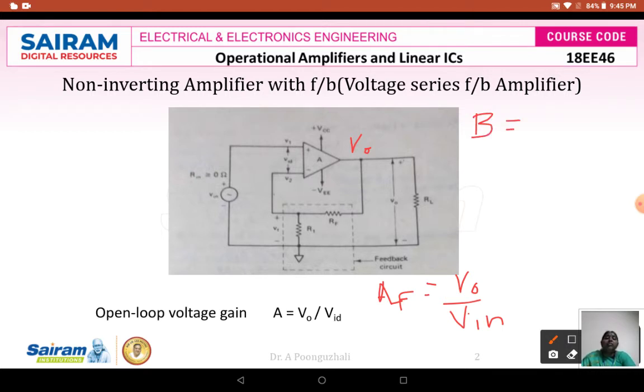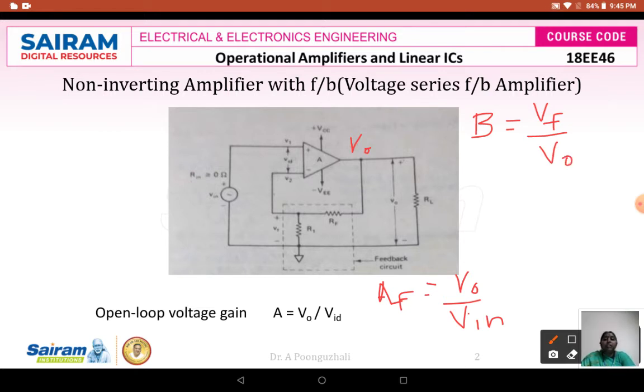The input to this feedback circuit is V0 and the output is VF. This VF is fed back to the inverting input terminal V2. So we define B as VF divided by V0.